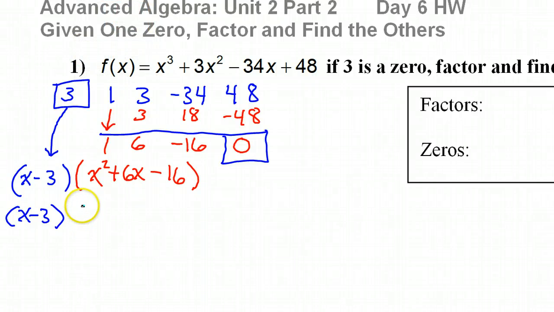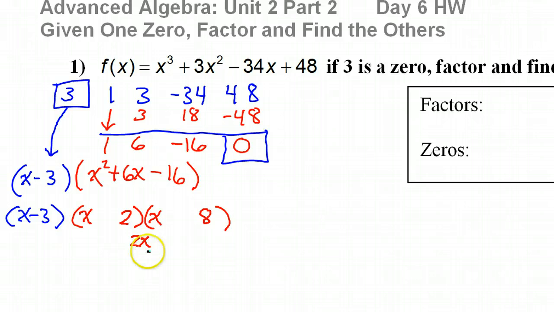But I'm going to see if I can factor this red trinomial. x squared can only be x times x. Let's see, 16. First thing that pops in my head is 2 times 8, because 2 times 8 is 16. Of course, inner we have 2x, outer we have 8x, and I'm trying to get a middle of positive 6x.